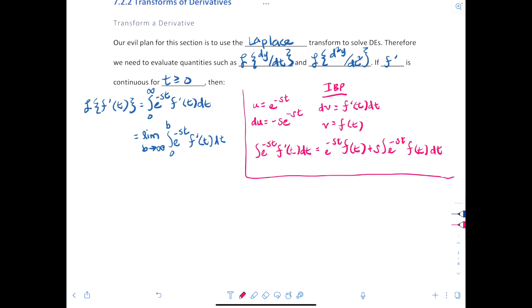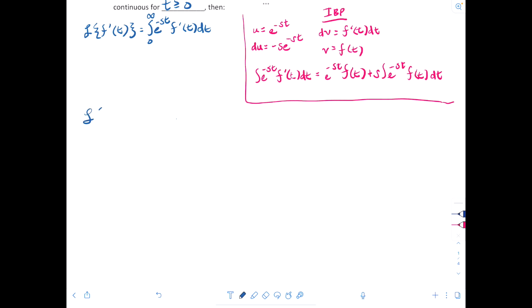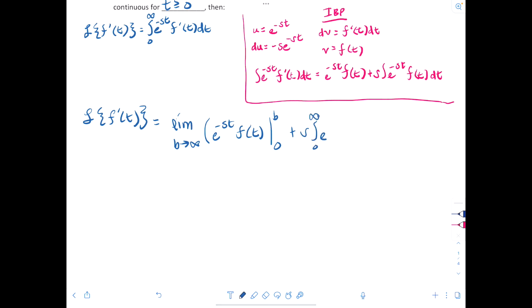We'll get L of f prime of t equals the limit as b approaches infinity of the first part of our result, which was e to the negative st times f of t, and we'll be evaluating this from 0 to b, plus s times the integral from 0 to infinity of e to the negative st times f of t dt.